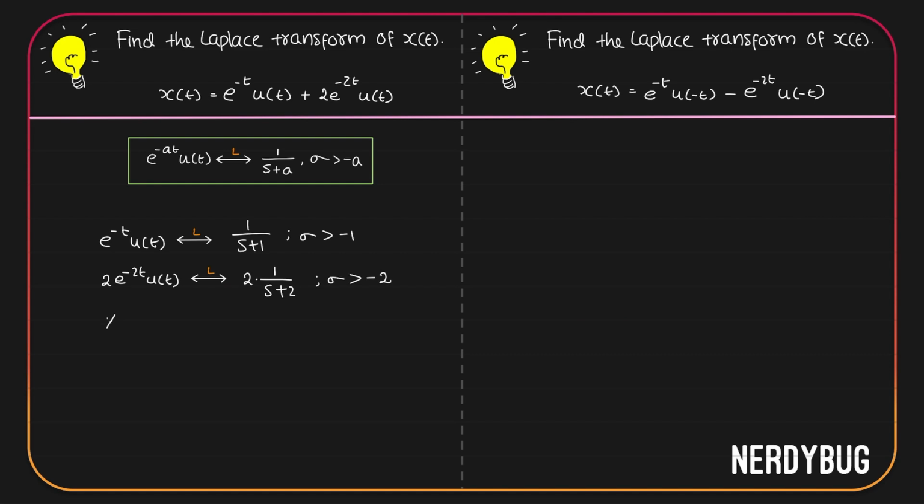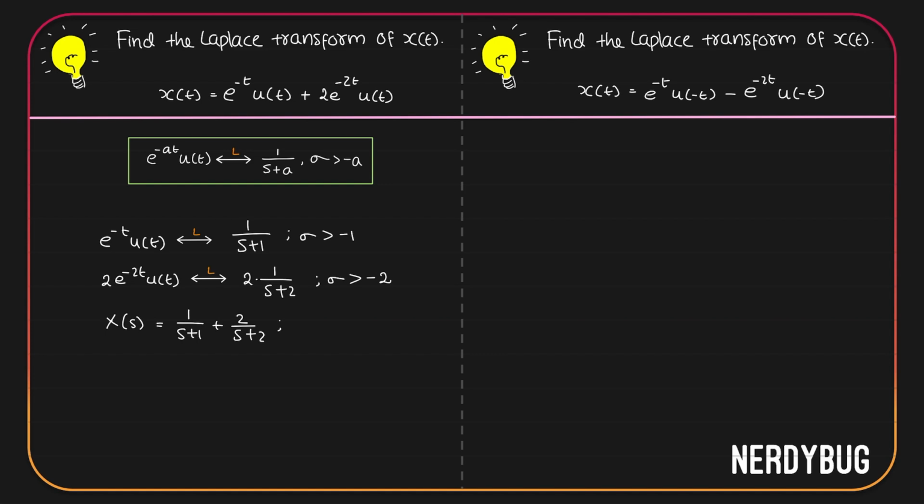Now combining both of them, we can write X(s), the Laplace transform of the signal x(t). This will be 1 by (s plus 1) plus 2 by (s plus 2), and its ROC is going to be the common region for both these component signals to converge. First one converges for sigma greater than -1, second one converges for sigma greater than -2. So they both converge when sigma is greater than -1.